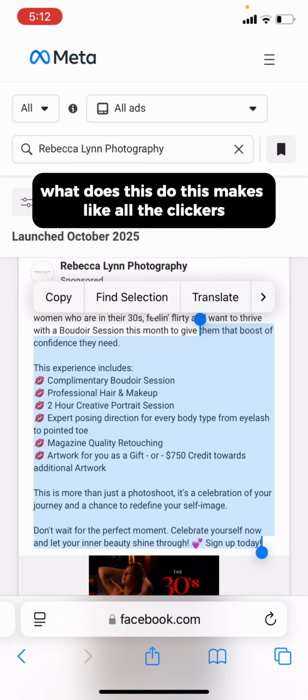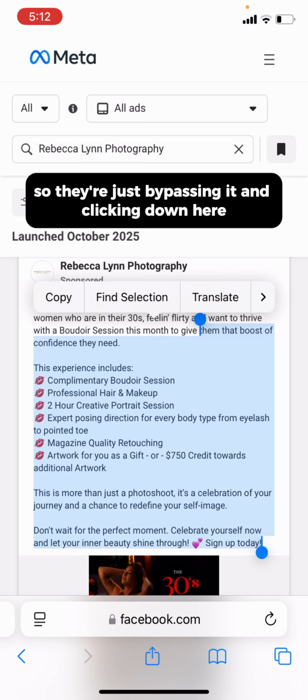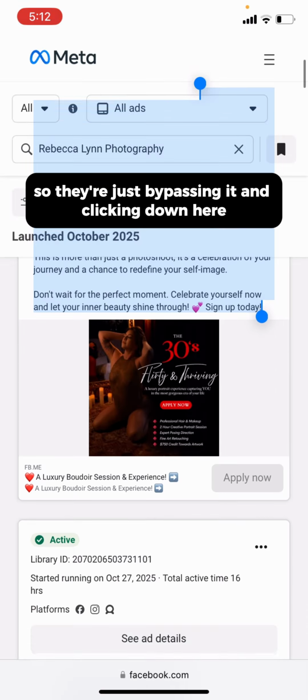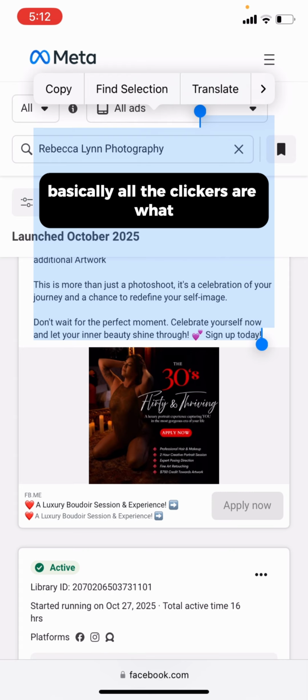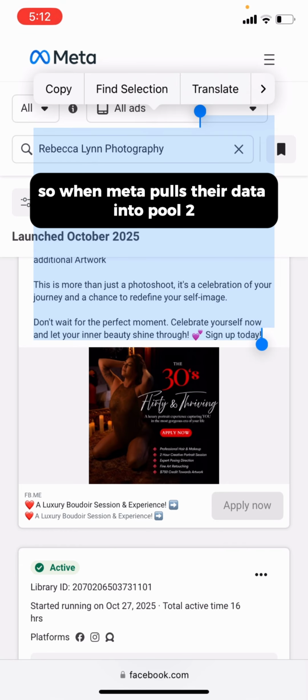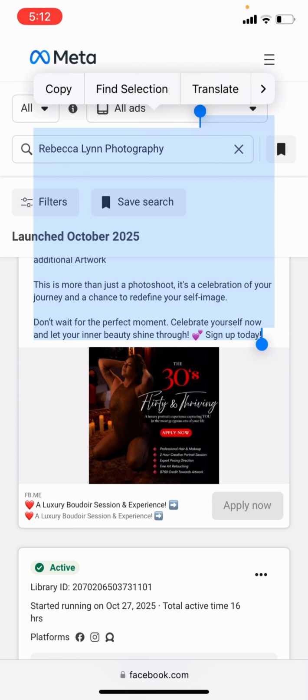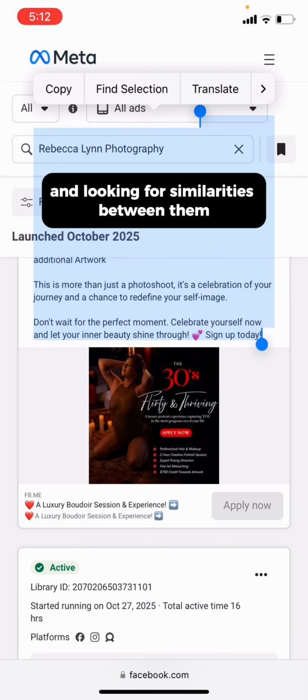What does this do? This makes all the clickers, because people don't want to read, so they're just bypassing it and clicking down here. Basically all the clickers are what? Unqualified prospects. So when Meta pulls their data into pool 2, all the data points on their Meta profile, and looks for similarities between them, guess what?